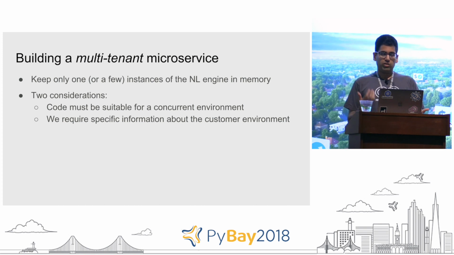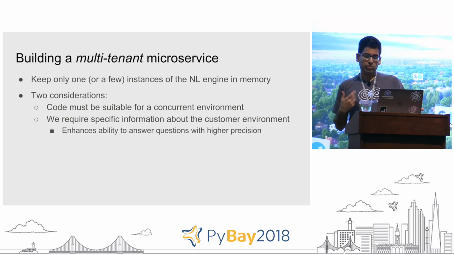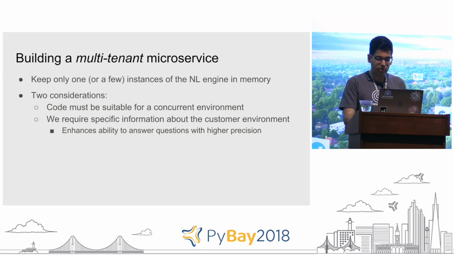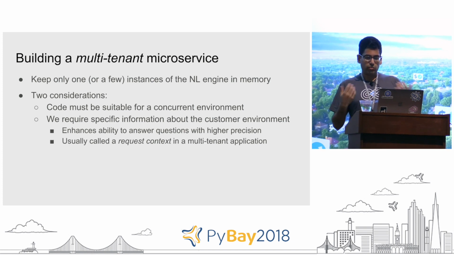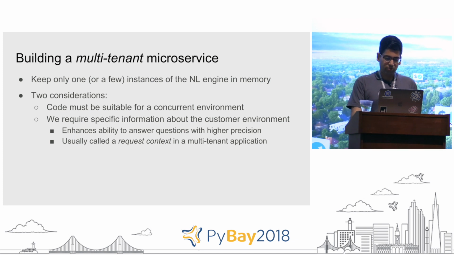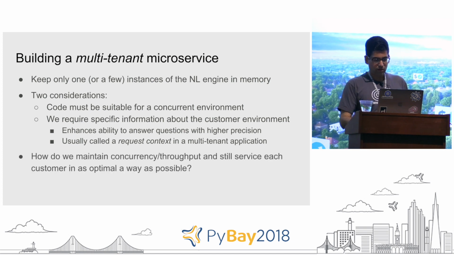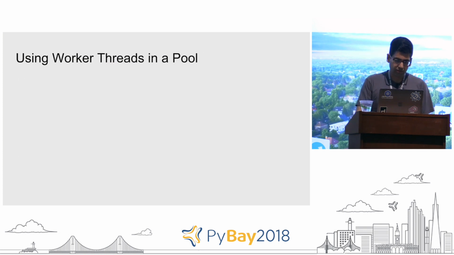And we also require specific information about each customer. So we have to be able to load that information on demand still. This enhances our ability to answer questions with higher precision, and we'll call this a request context in the world of a multi-tenant application.